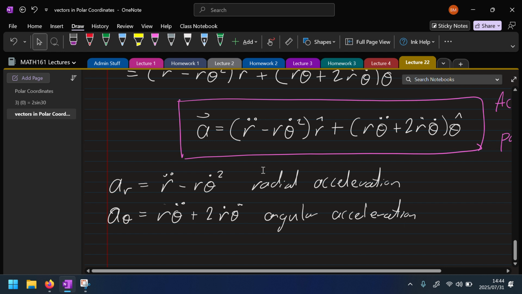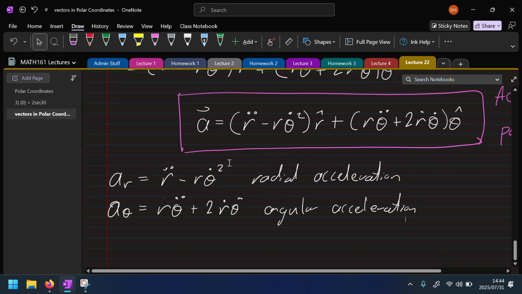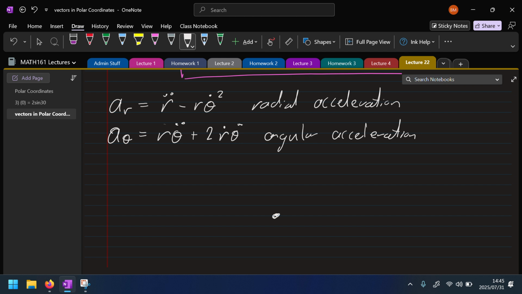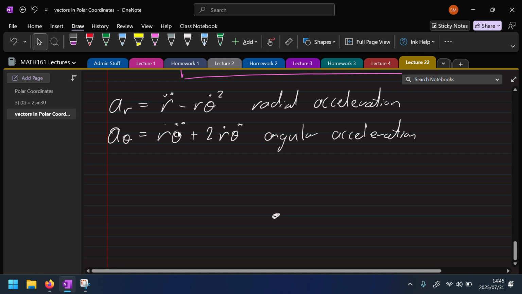And then just a little extra thing on this first part here with the radial acceleration. Remember mass times acceleration, that's your force. So if we take this first part and multiply it by m, that will give us a force. So m r double dot, that will be the radial force going outwards.